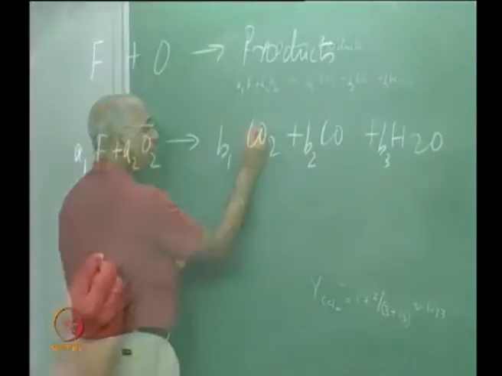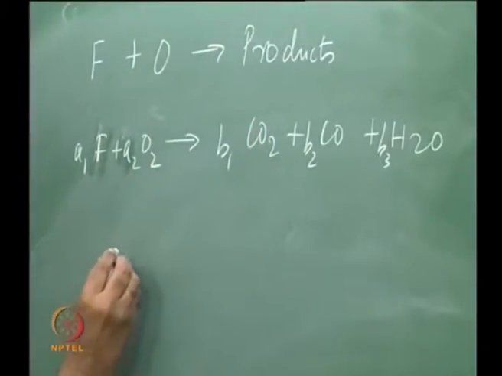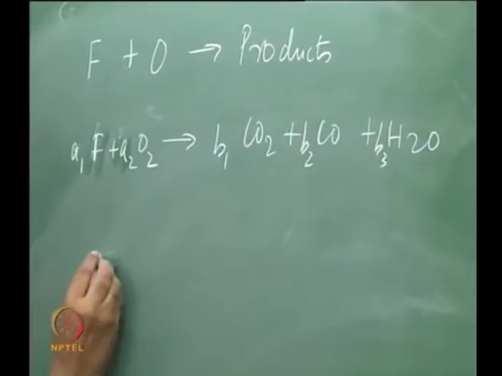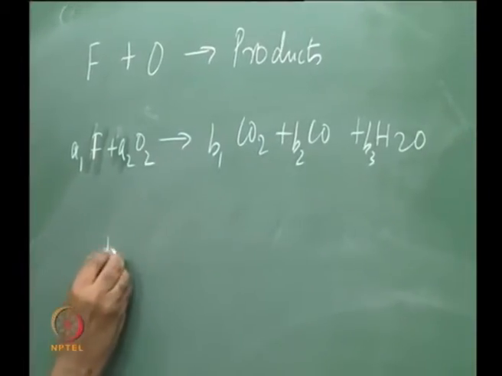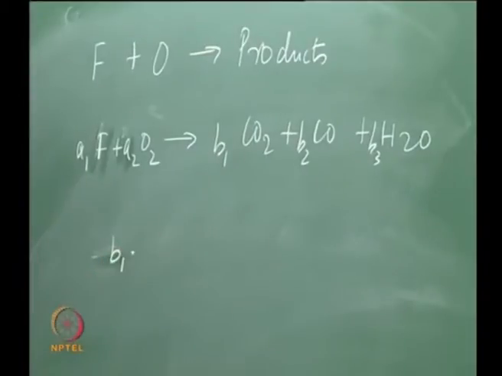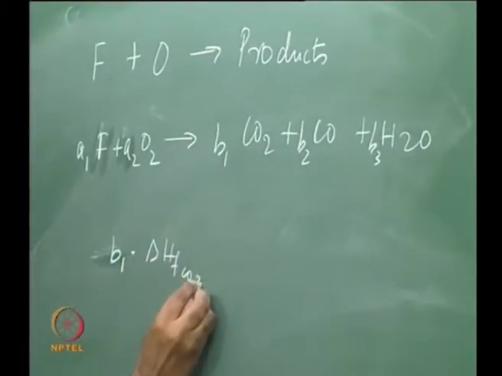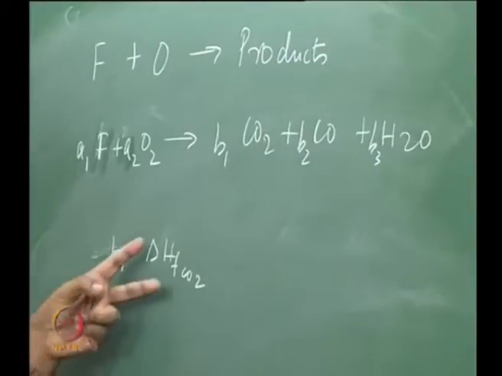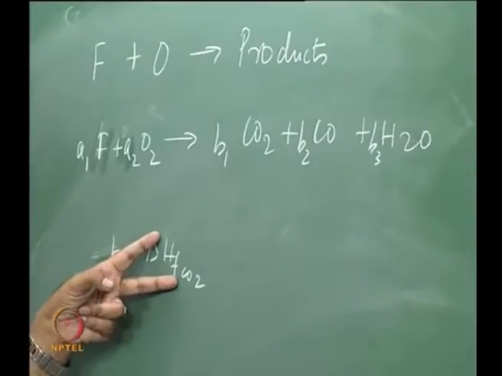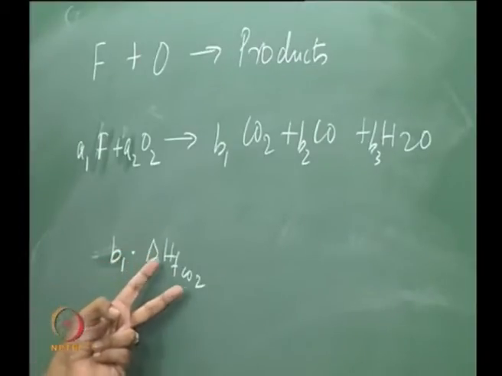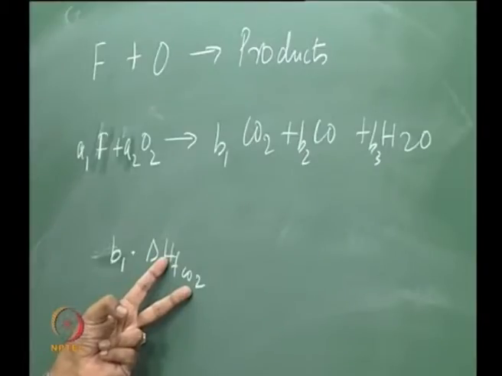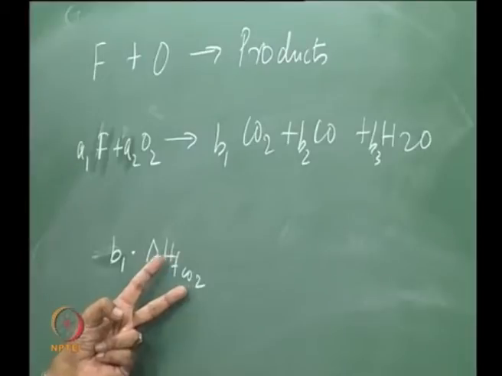I tell myself there should be a decrease, that means the heat of formation of the products is B1 into the heat of formation of CO2. Mind you, heat of formation is the heat required to form 1 mole of the substance at standard condition from its elements again at standard condition.